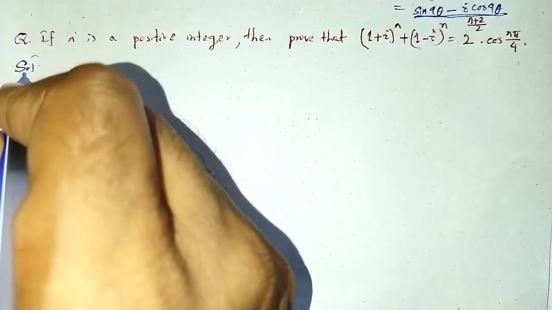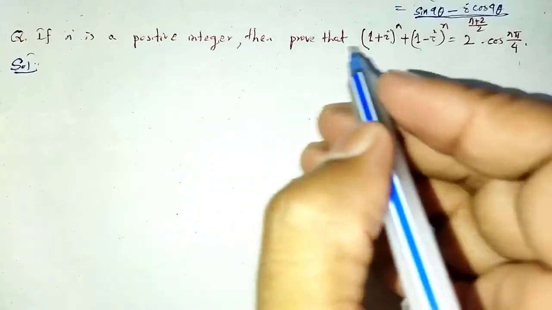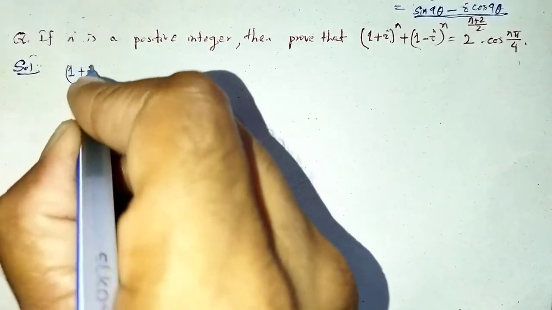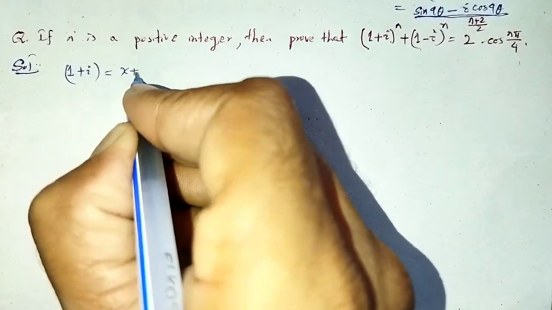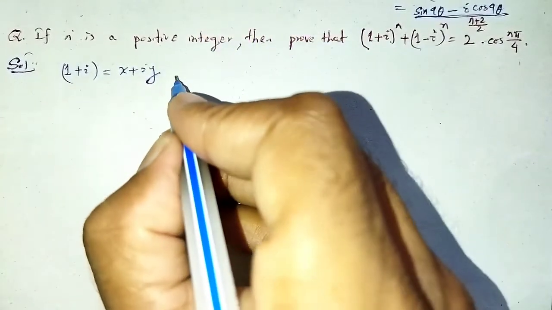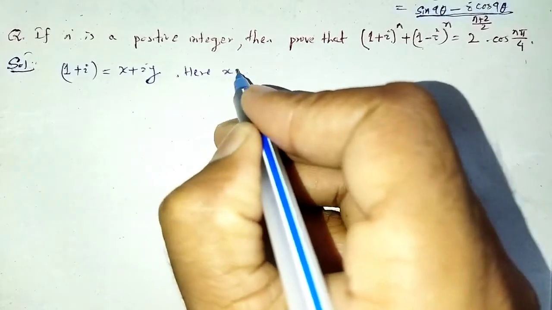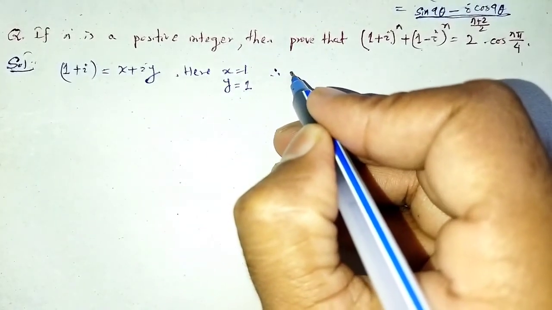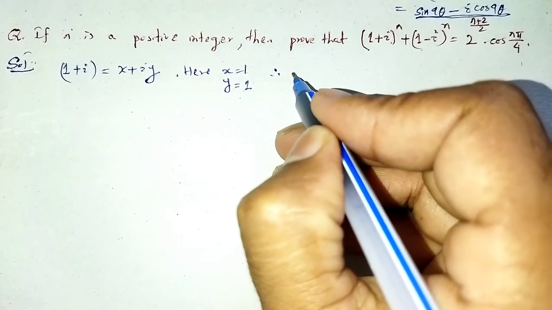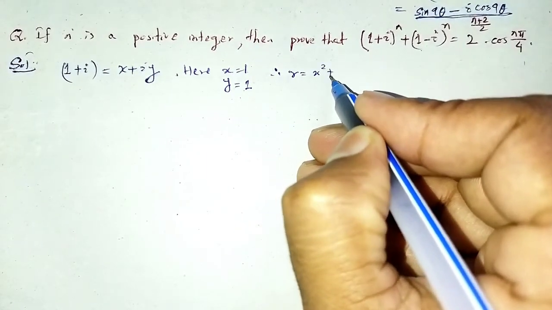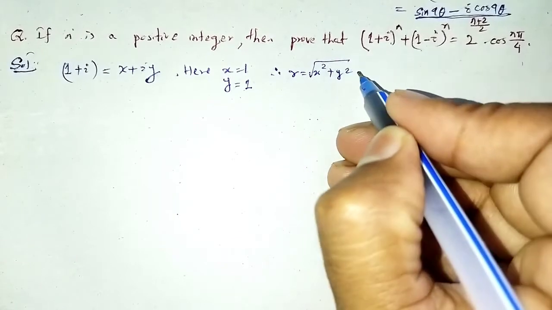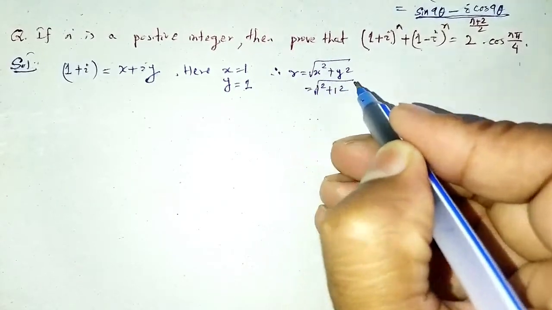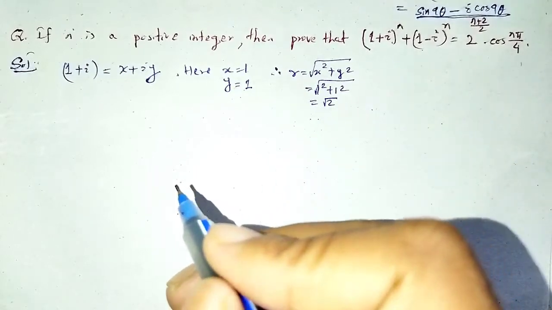Solution. 1 plus i. When we write it in x plus iy format, here x is equal to 1, y is equal to 1, therefore r is equal to the square root of x square plus y square, that is the square root of 1 square plus 1 square, which is root 2.